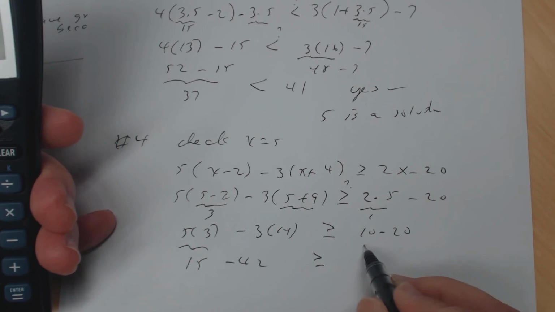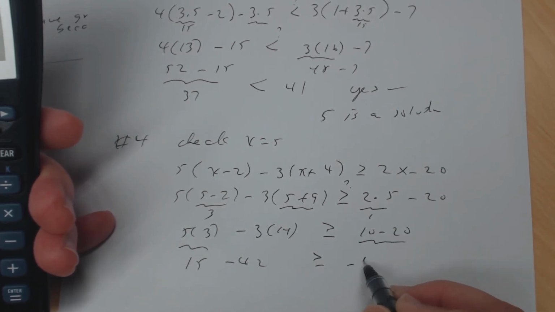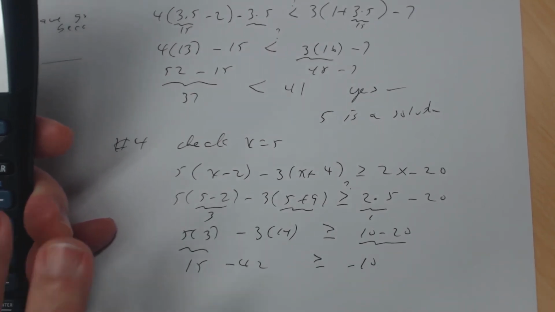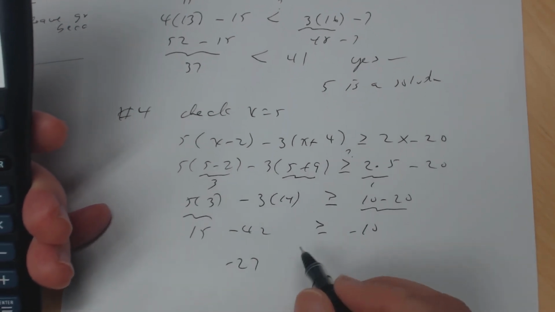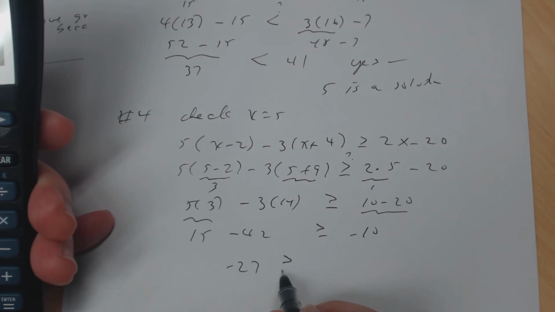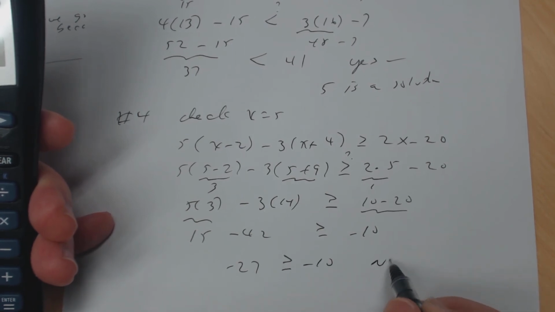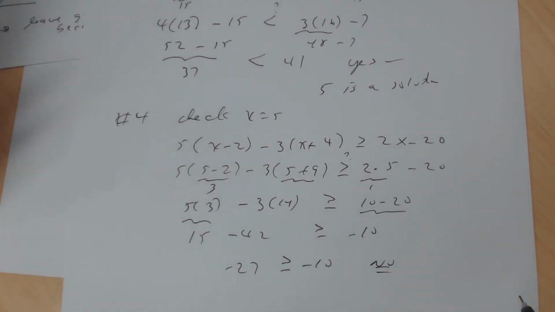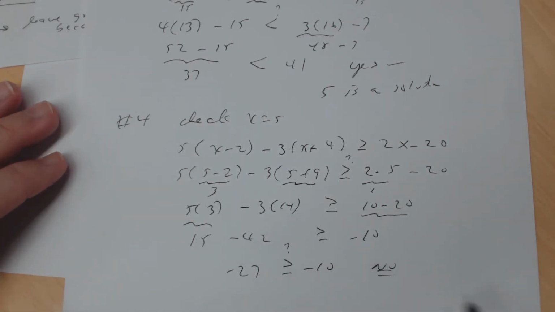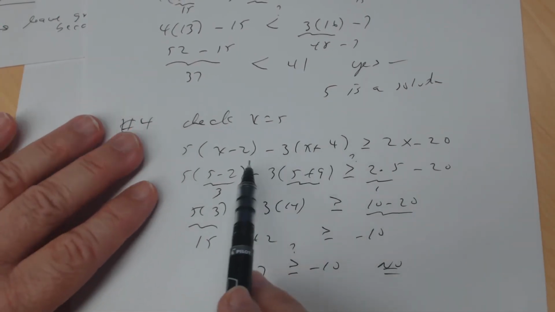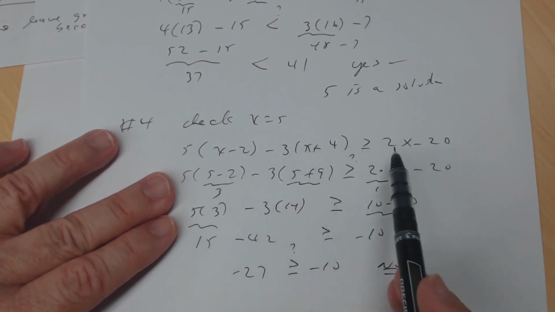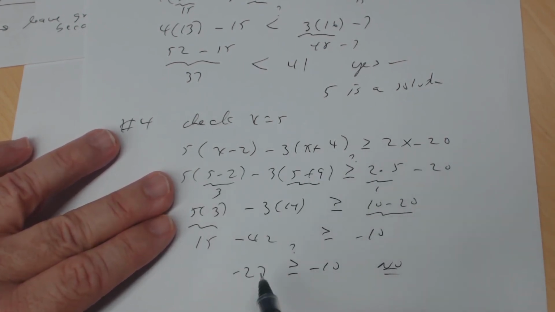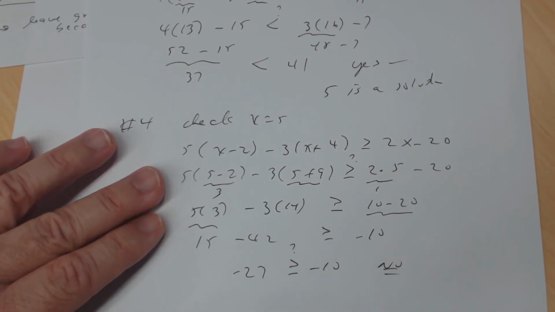And then 10 minus 20 is a negative 10. 15 minus 42 is a negative 27, so the question becomes this: is a negative 27 bigger than or equal to a negative 10? And the answer is no. All right, so that was a question. So no matter what number you plug into this inequality, the left side, whatever you get here, will never be bigger than or equal to the right side.